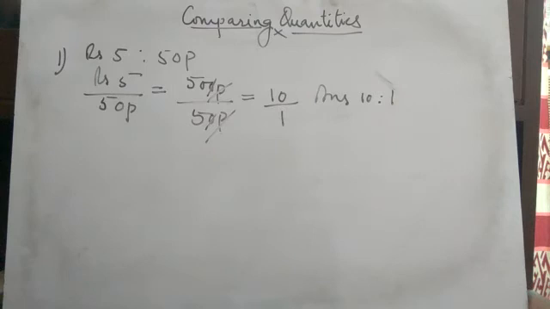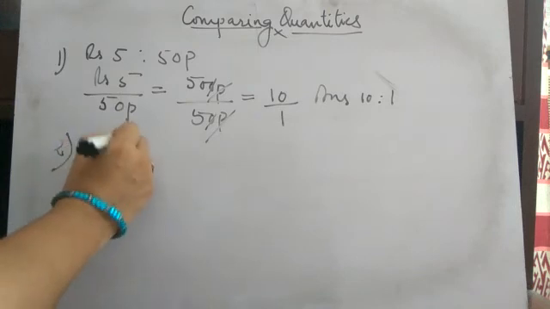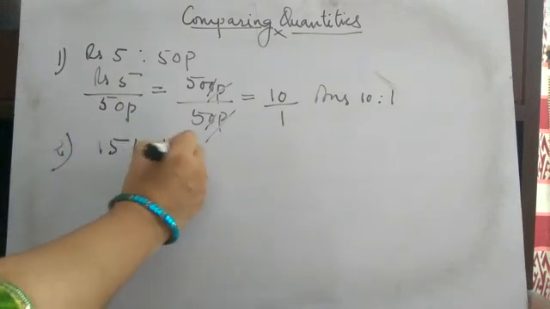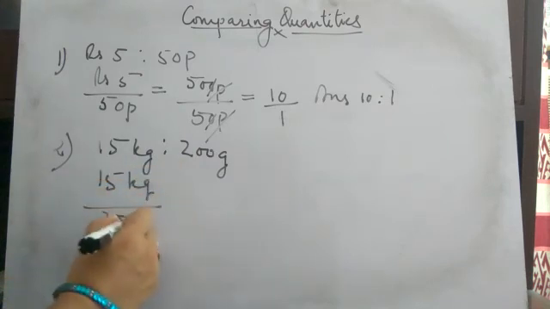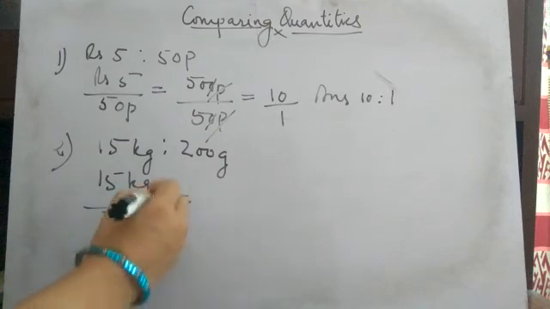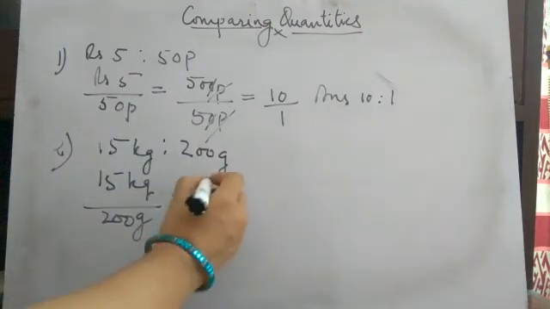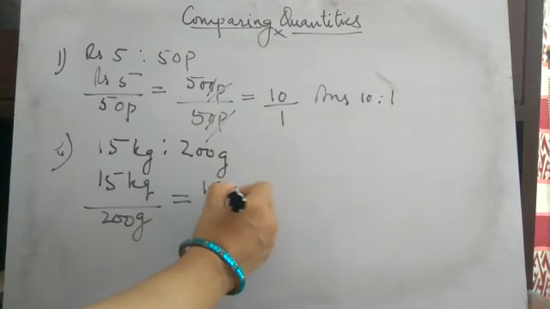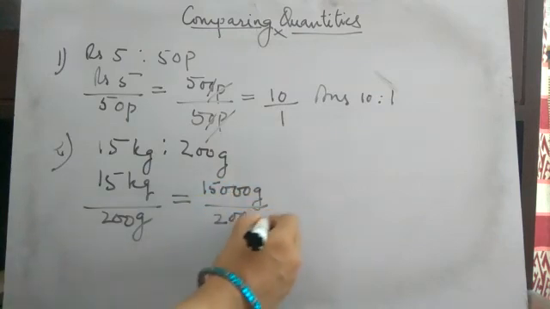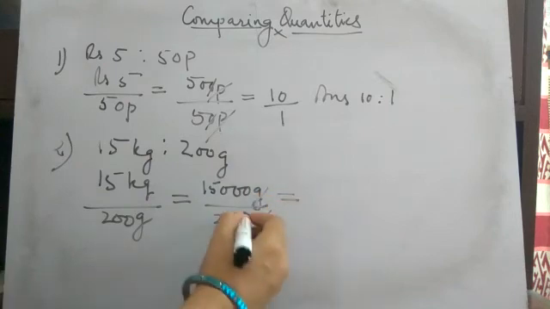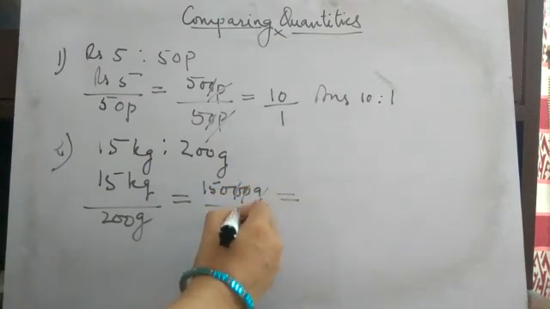Okay. So the second example, 15 kg to 200 grams. So 15 kg upon 200 gram. This is kg, this is gram, convert into similar unit. So this becomes 15,000 grams upon 200 grams. Gram will cancel. 0, 0, 0, 0.